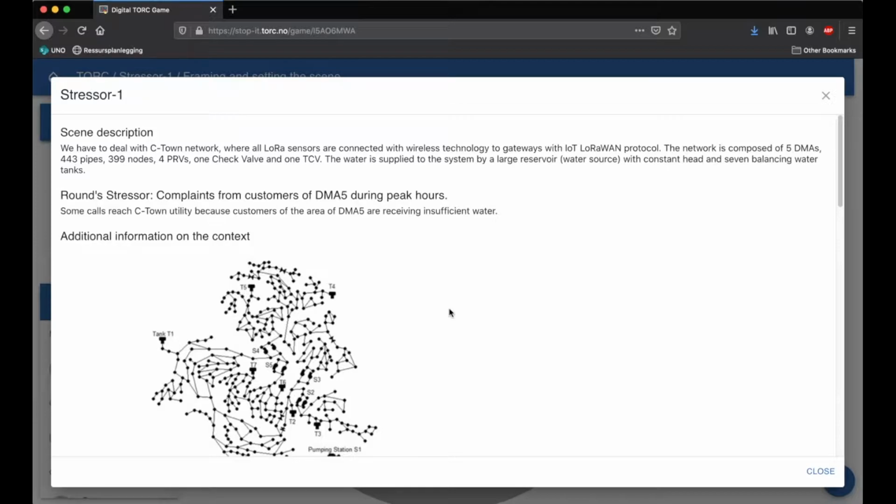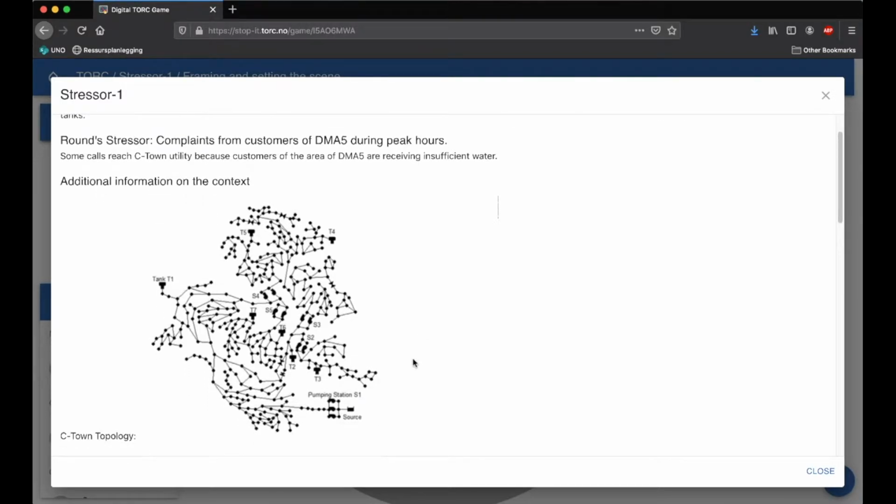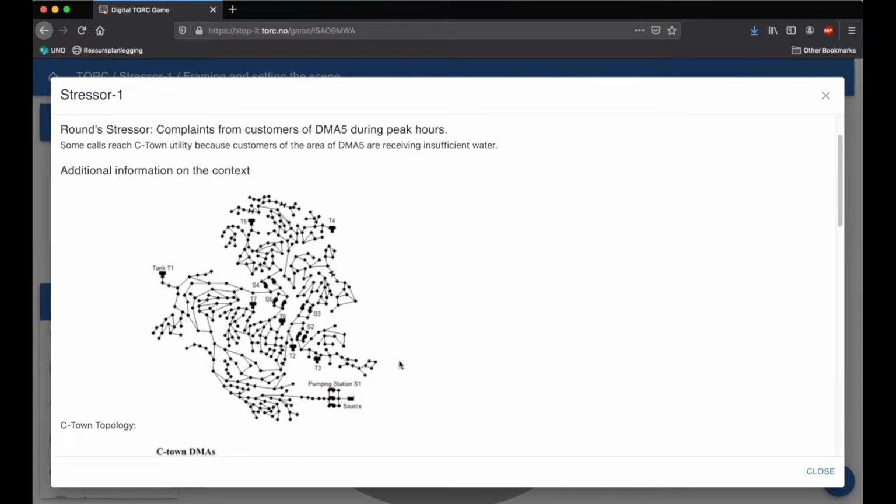We have 5 DMAs, 400 pipes, 400 nodes, 4 PRVs, 1 check valve, 1 throttle control valve, and the water is supplied to the system by a large reservoir, which is the water source that you can see on the right, in the lower part of the network. And we have 7 balancing water tanks.